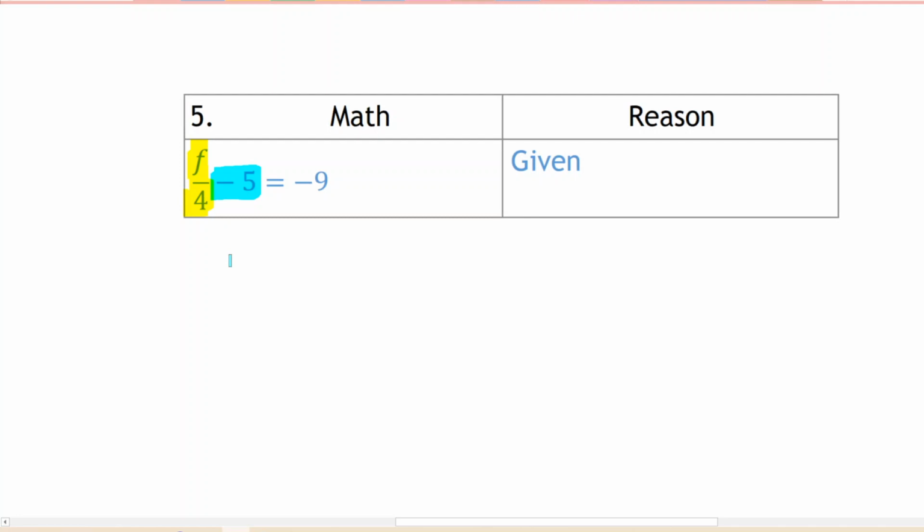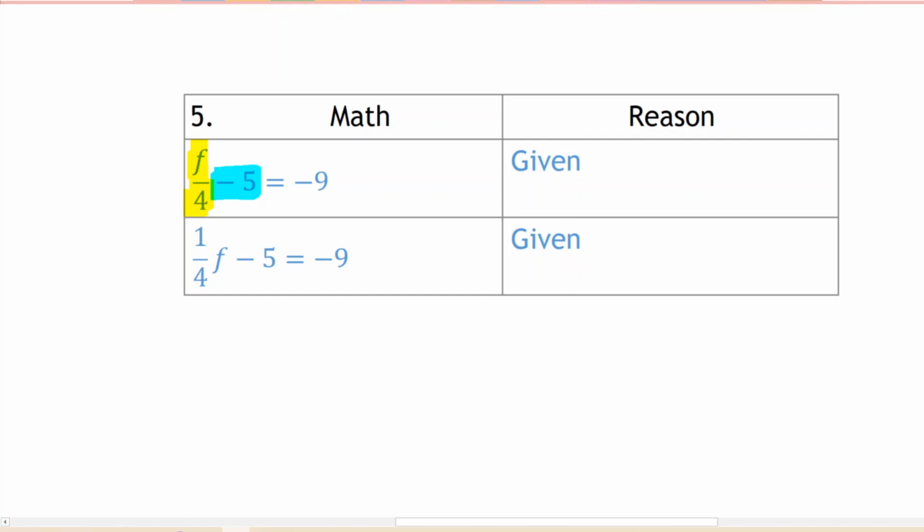So really this isn't much different than what we did before, except that we have that fraction over there, that f over 4. Now I don't want to approach that like it's actually f over 4. The way that I actually want to look at that is 1/4 f minus 5.